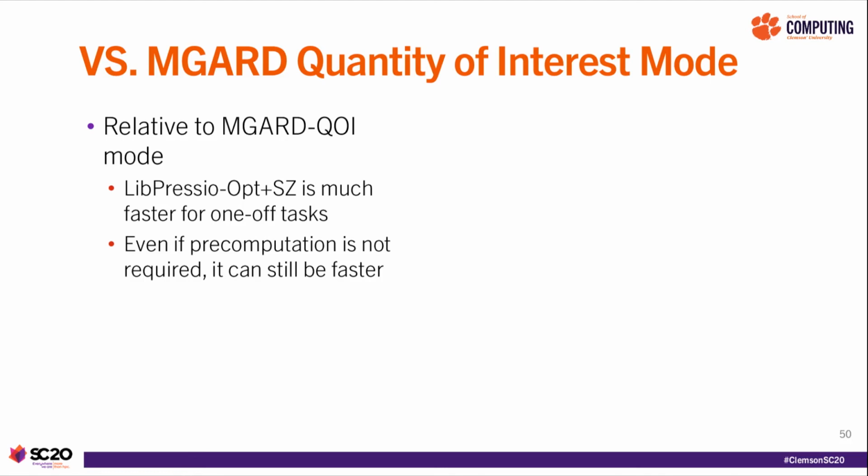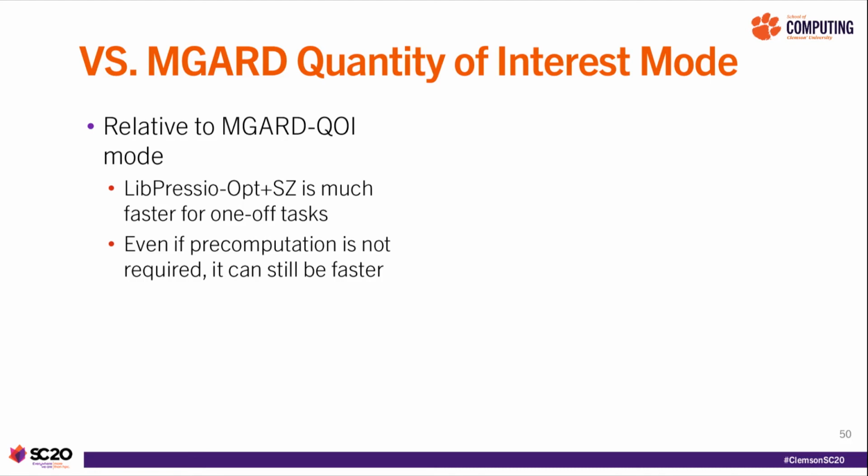The way that IMGARD is constructed, it's actually able to reuse the scaling factors for all problems that have similar enough physics. So if the physics problem is substantially similar enough, you only have to perform the pre-computation once. So if your problem definition is rapidly evolving, LibPressio-Opt is going to be substantially faster than whatever you can achieve using IMGARD's quantity of interest mode.